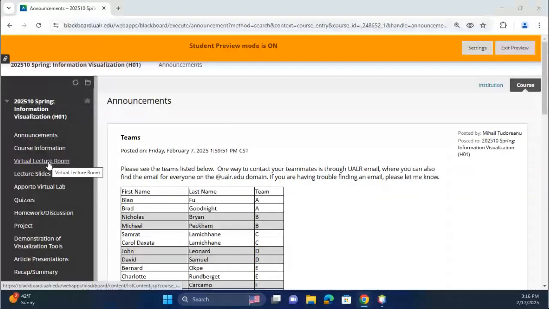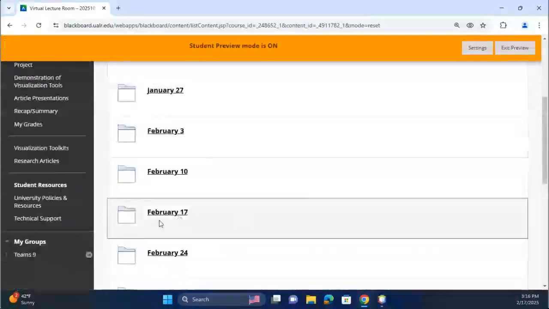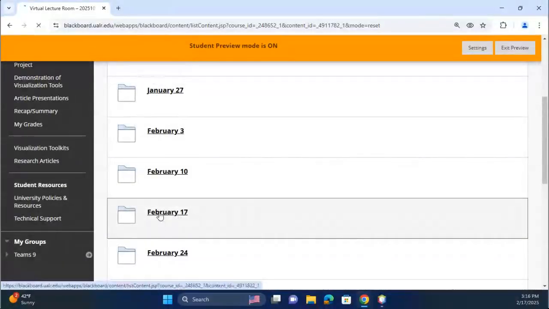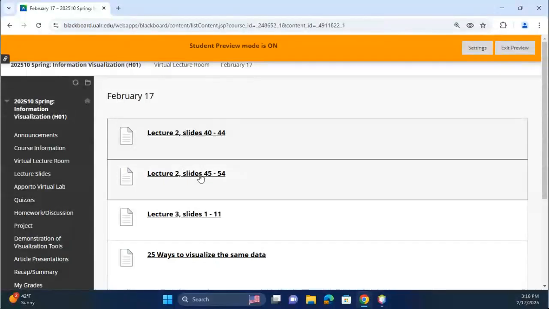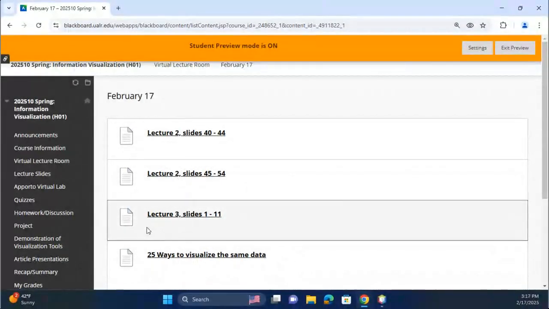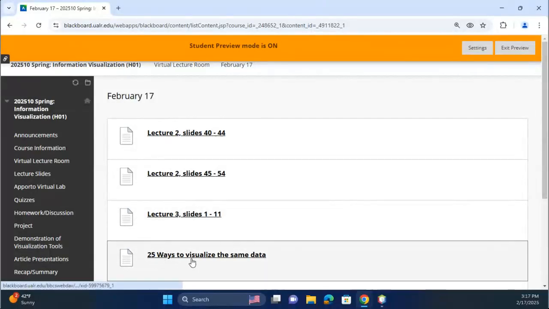Okay, so on the virtual lecture room, we are starting the week of the 17th, basically finishing lecture 2 and going to lecture 3. And then I have this 25 ways to visualize the same data set, which may help with homework 2. I mean, homework 1, I wanted to be more open, use your ideas.